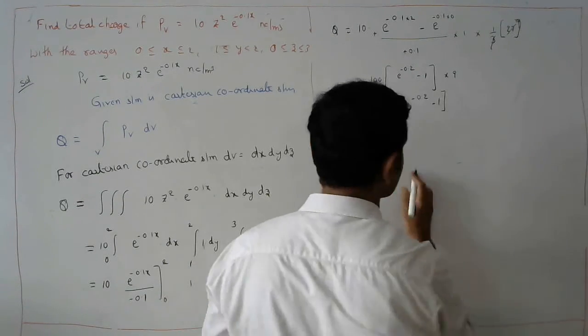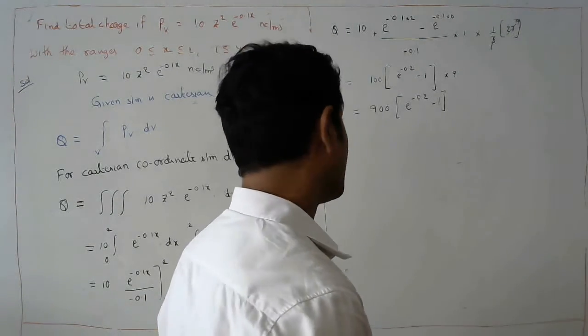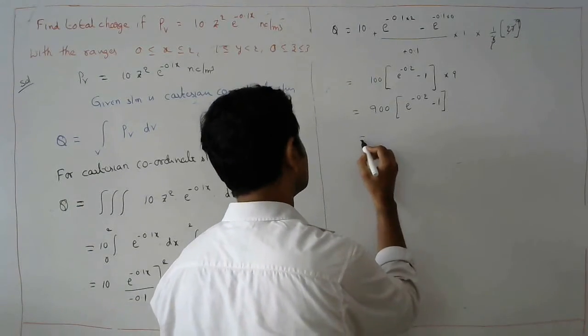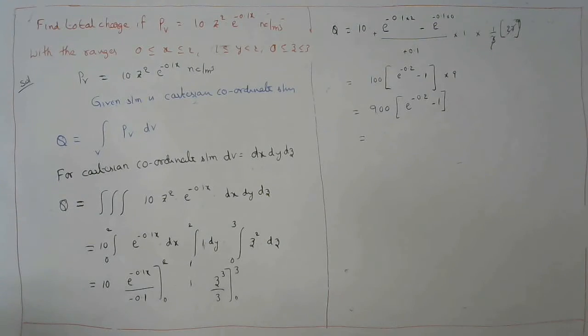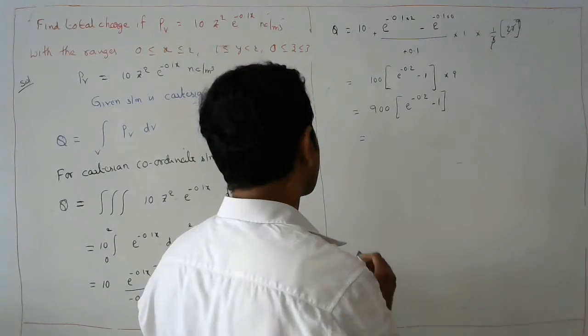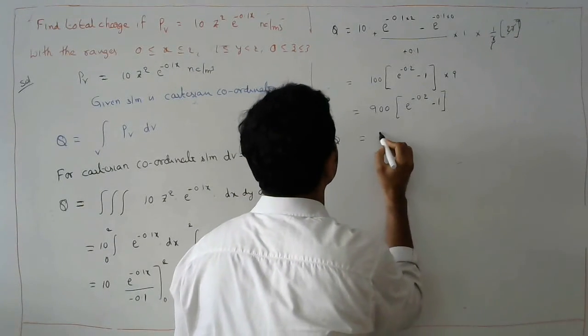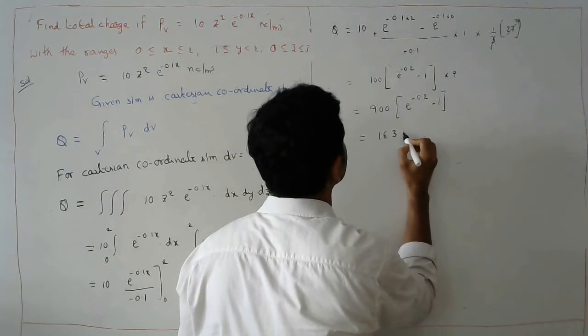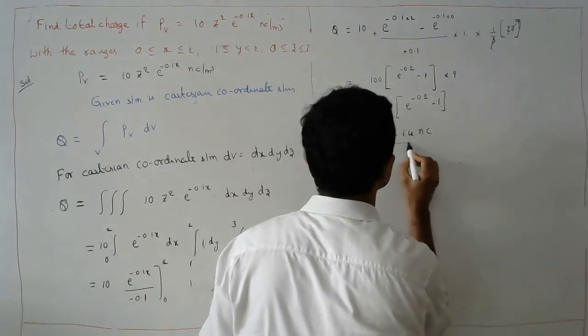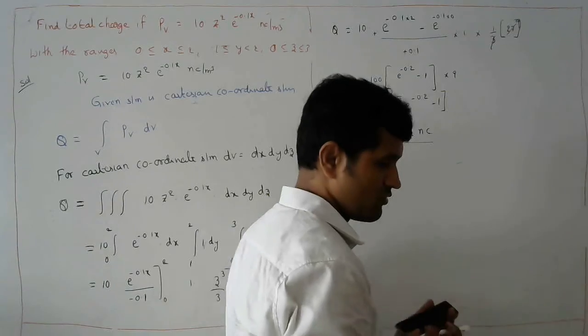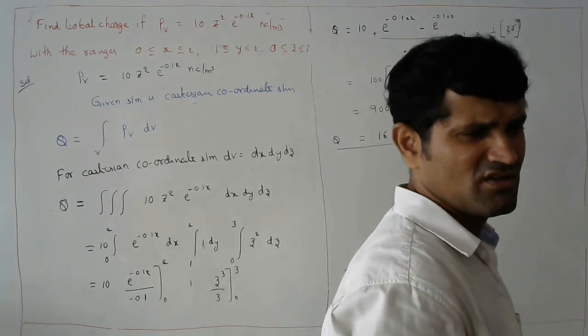Using a calculator, you can compute e to the power of minus 0.2. Finally, if you simplify it, the total charge magnitude is 163.14 nanocoulombs.